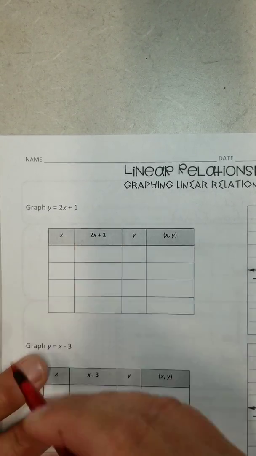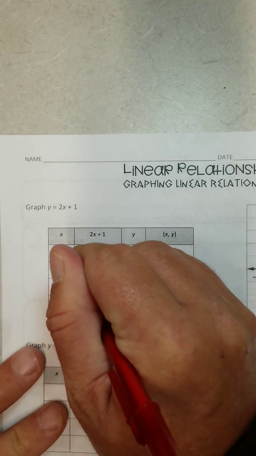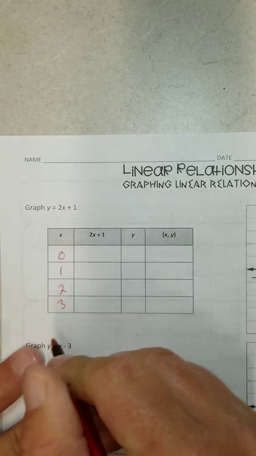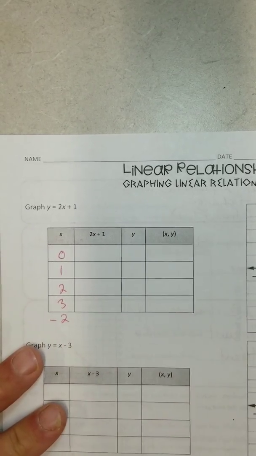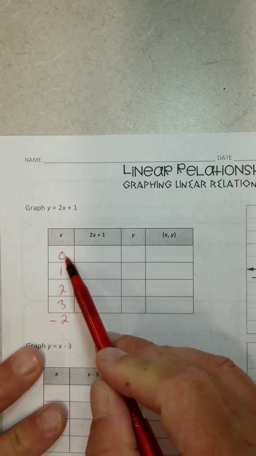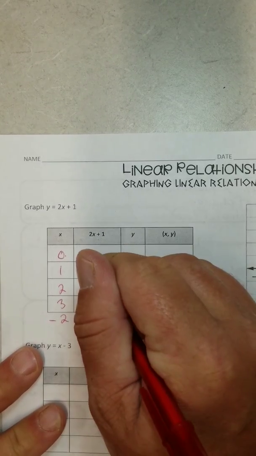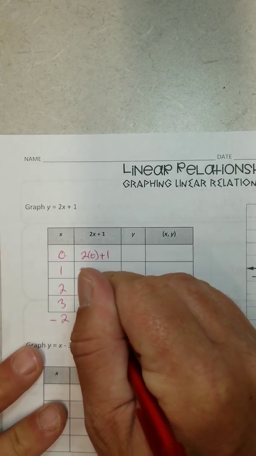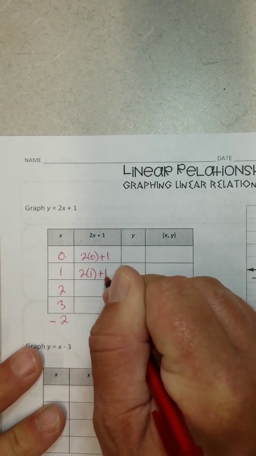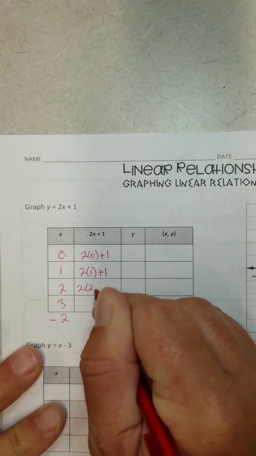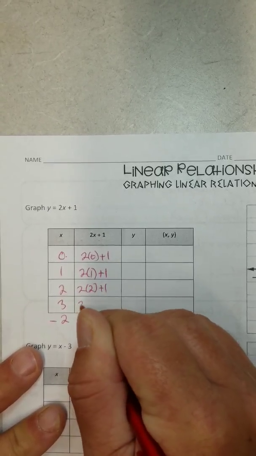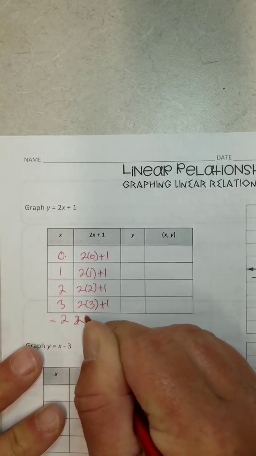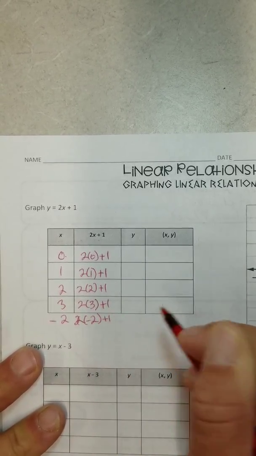So if I just make some x's, start with 0, 1, 2, 3, and let's put a -2 down here. So if I input my x's into the equation, this is 2 times 0 plus 1, 2 times 1 plus 1, 2 times 2 plus 1, 2 times 3 plus 1, and 2 times -2 plus 1.